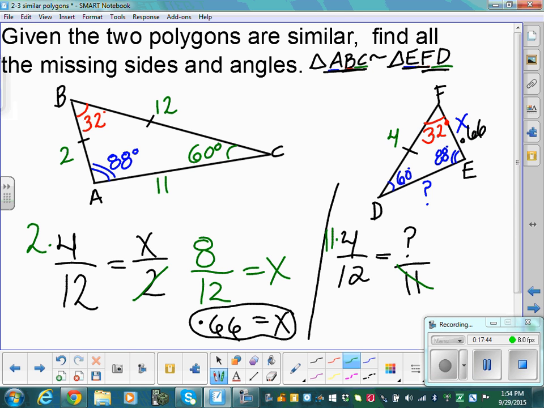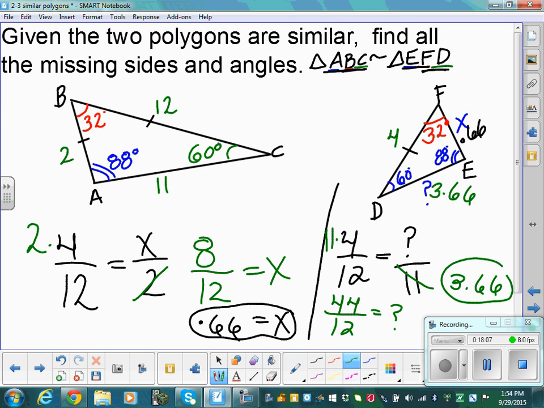We divide that over here. So we have 44 over 12 is equal to question mark, 3.666. 3.67. Very good. Or 11/3. Very good. Okay, questions on that one?